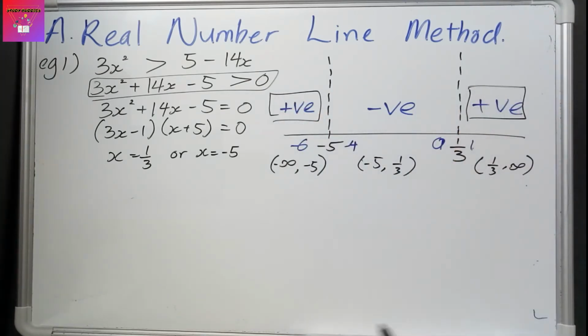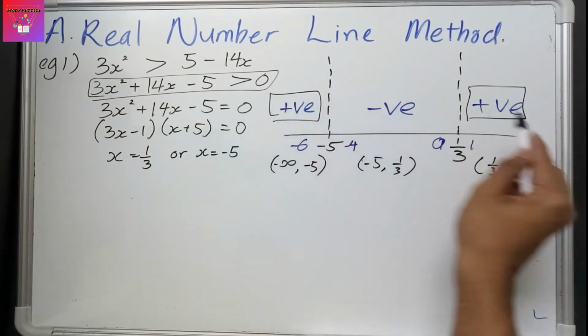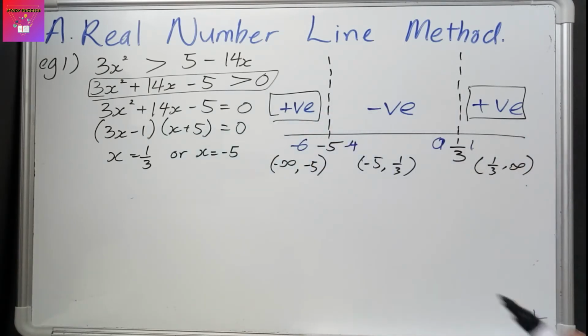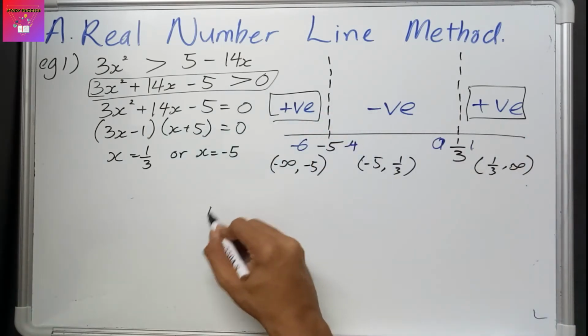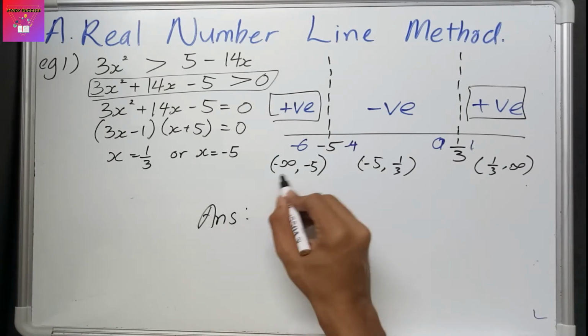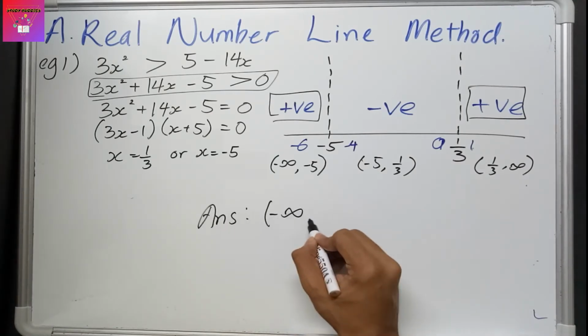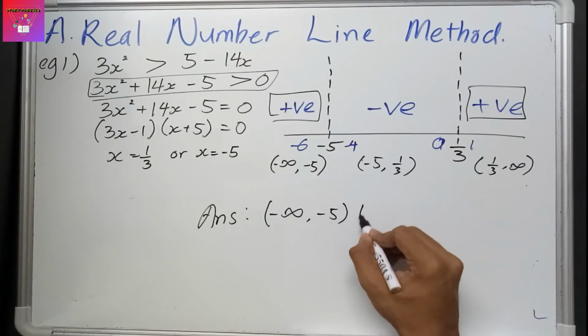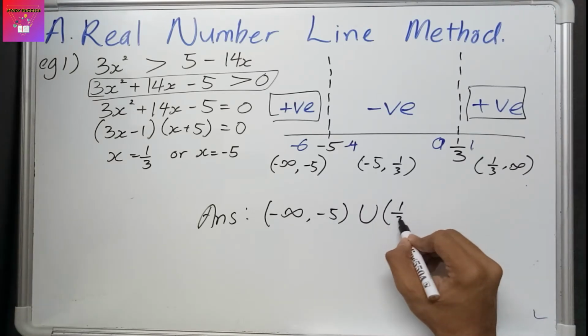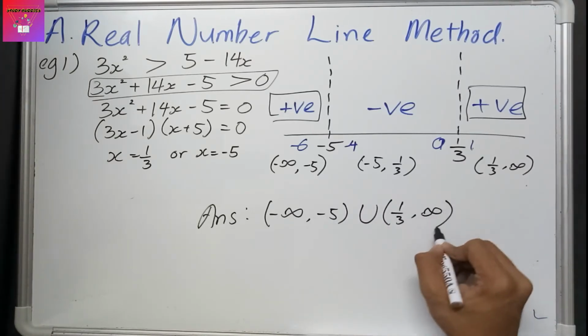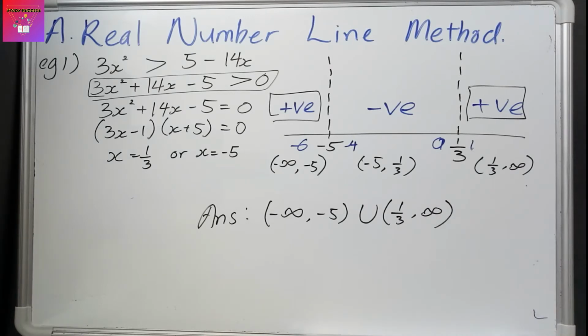Since it's greater, we are going to choose the positive parts, and therefore the answer for this question is going to be (-∞, -5) union (1/3, ∞). So this is the answer for this question.